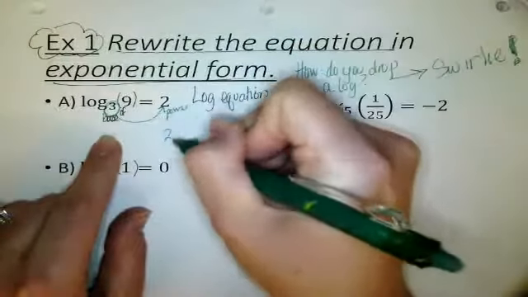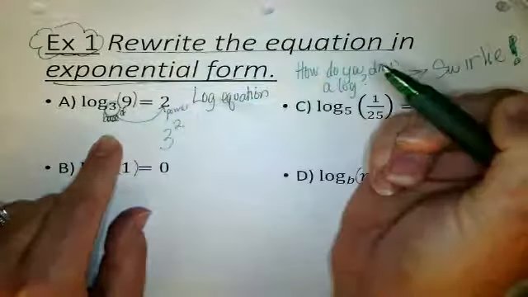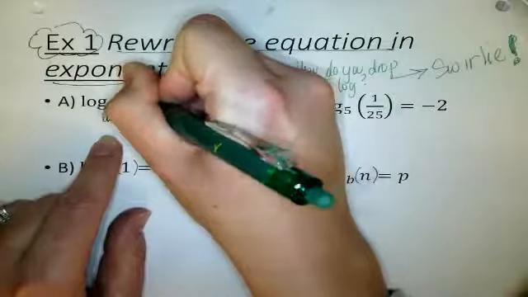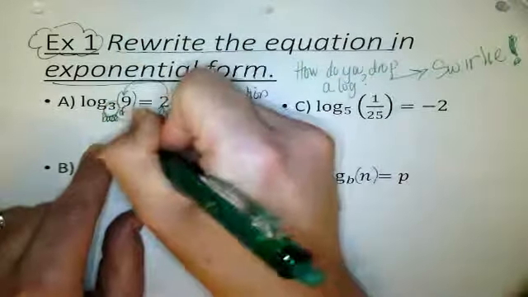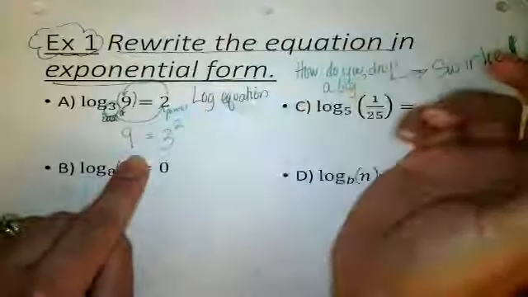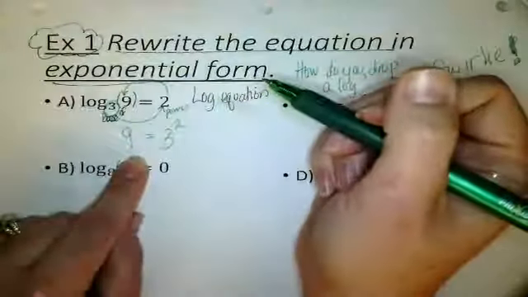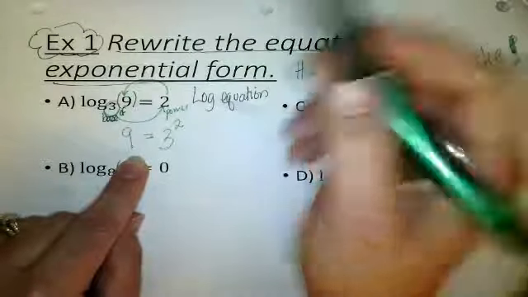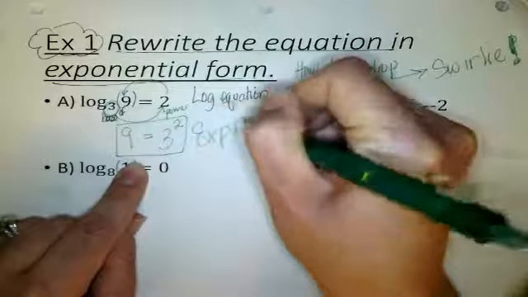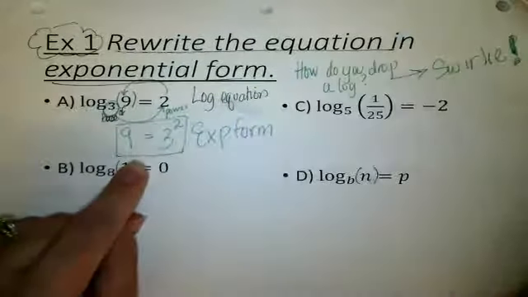We have a base of 3 and a power of 2, and we keep swirling around the equal sign until we equal our argument of 9. Is 3 squared equal to 9? True or false? True. This is exponential form. How do I know it's exponential form?